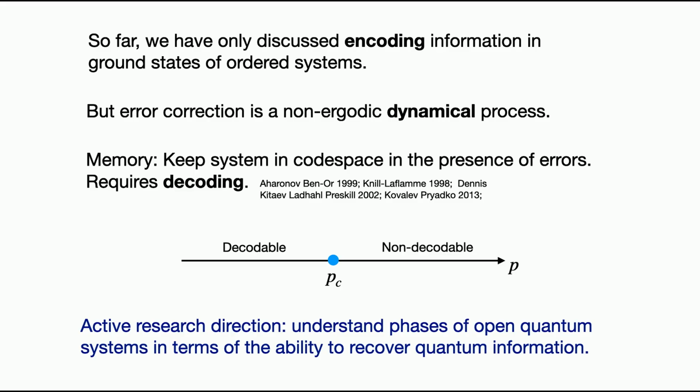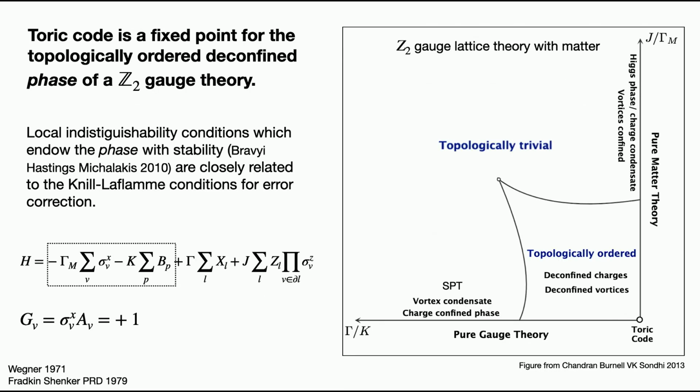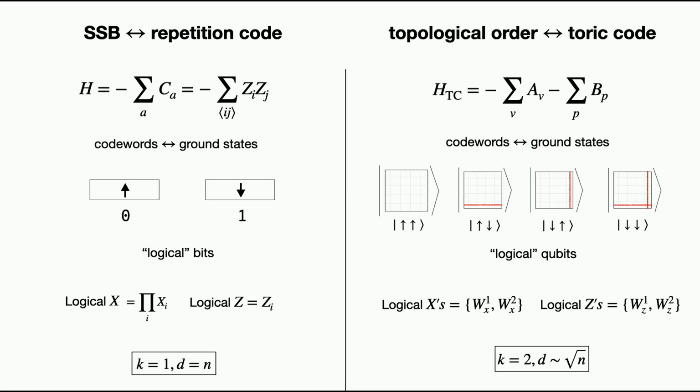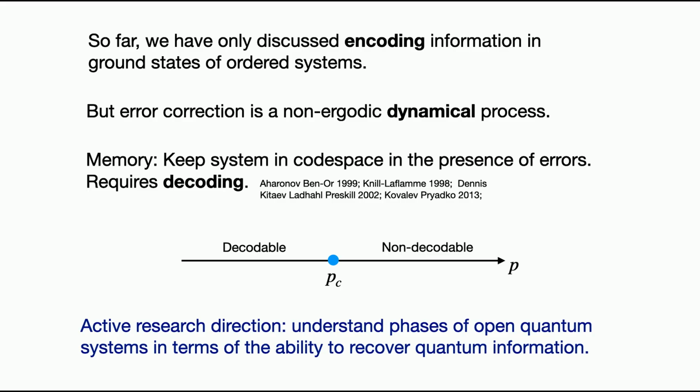How should we characterize that? What do phase transitions in this recoverability or decodability look like, this information-theoretic phase transition, and how is that different from the phase transition in the ground state phases, in the type of phase diagram that I drew earlier? I won't say much about this, but it is a very active topic of research right now.